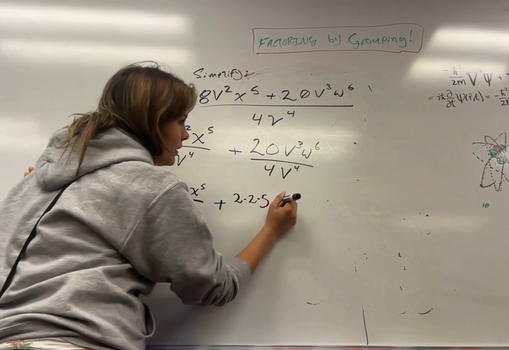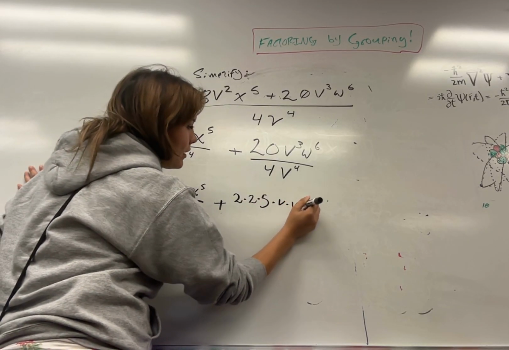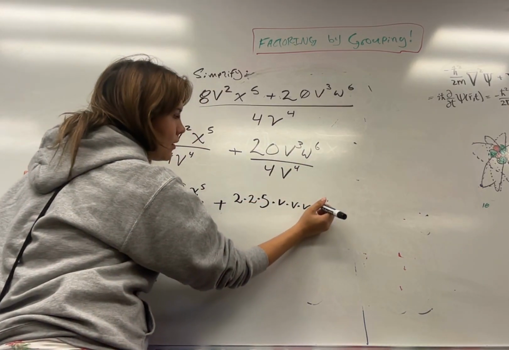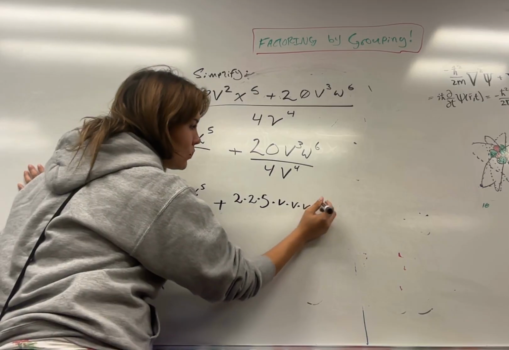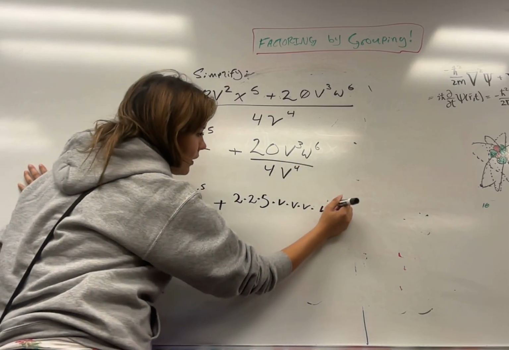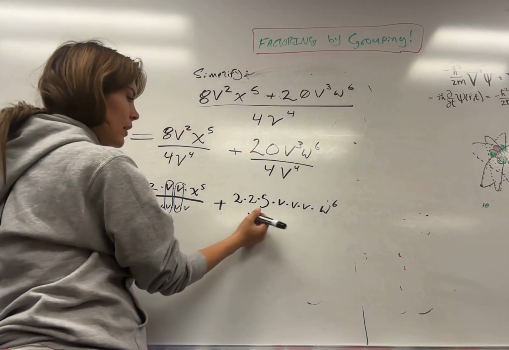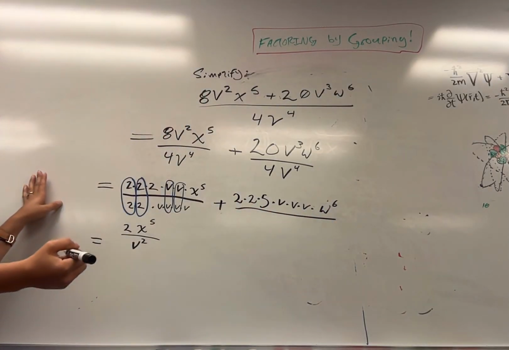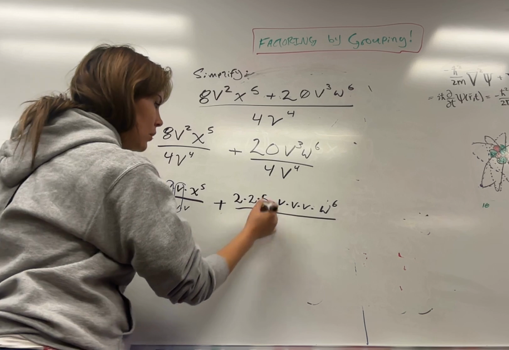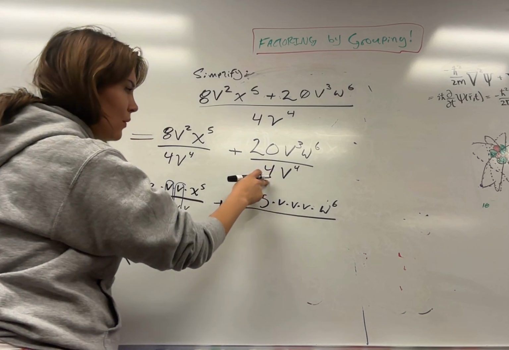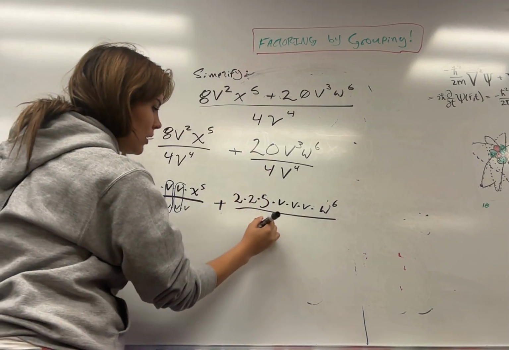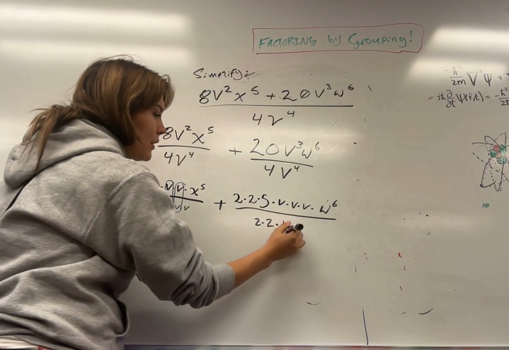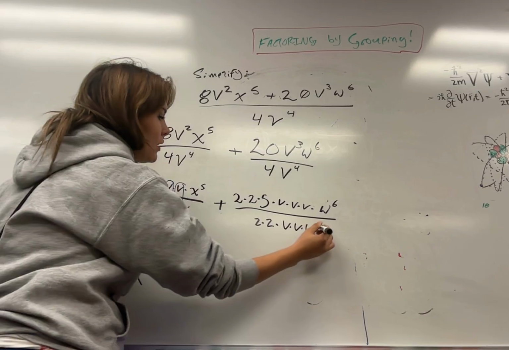And then we have a v and a v and a v, because we have v cubed, three v's multiplied by each other. Since there's no w term in the bottom, we'll just leave w to the sixth unfactorized. Dividing this by 4, if we factorize it into its prime factors, we get 2 times 2, and v times v times v times v.